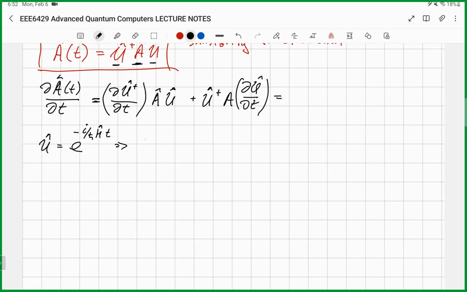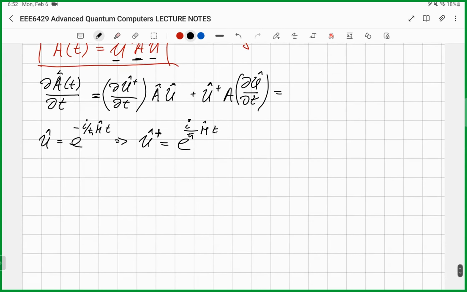So u dagger is what? It will be the exponential function, complex conjugation, and then H dagger, but we discussed that H is a Hermitian operator, so I can simply write H here and t.